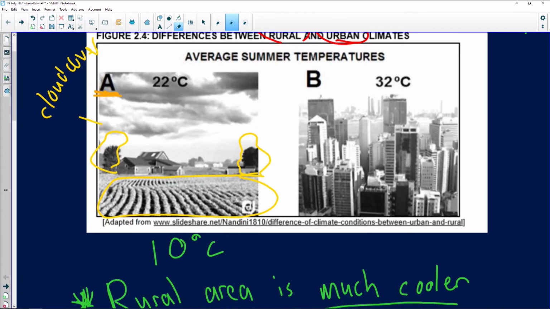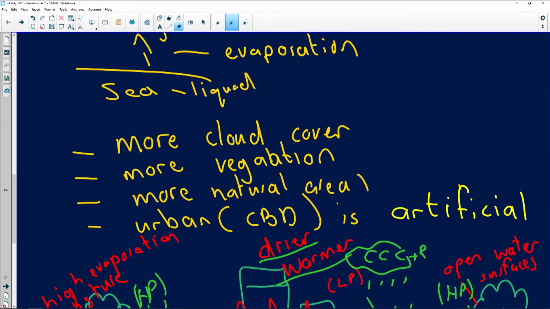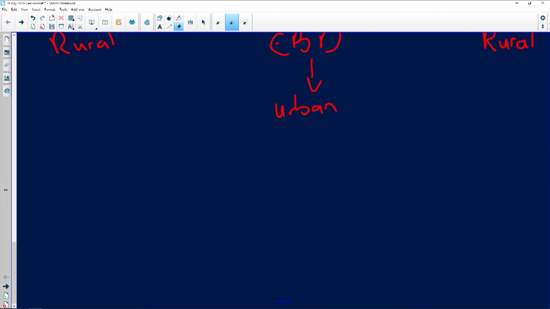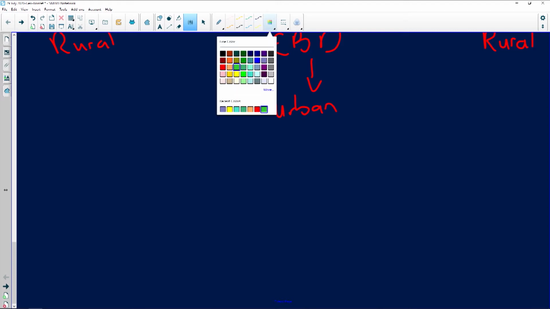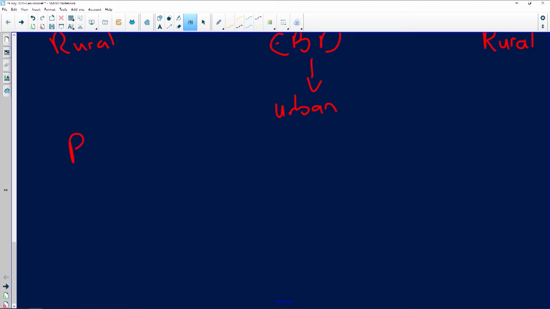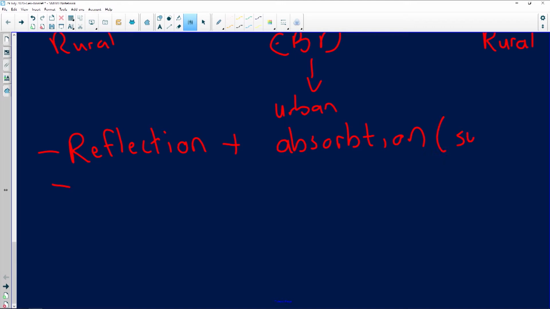So the correct answer for that question, I'm just going to write it down there: reflection plus absorption. Because the tall buildings, this is caused by the sun's rays, I just want to put that in brackets.